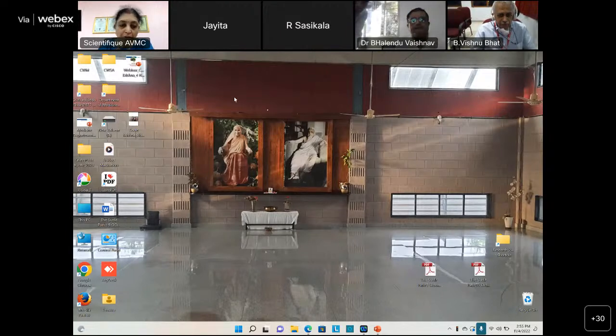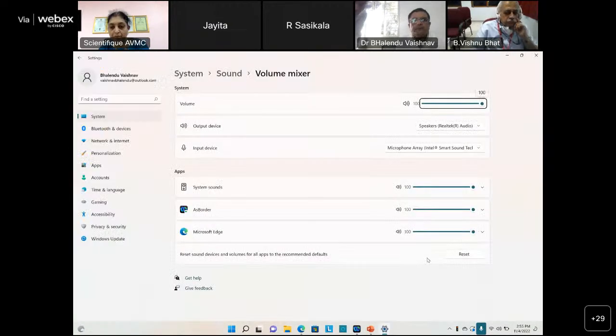The computer audio is enabled now, sir. Laptop audio. Troubleshoot sound problem. Yes, output device, speaker, volume, input device, system sounds, all are there only.